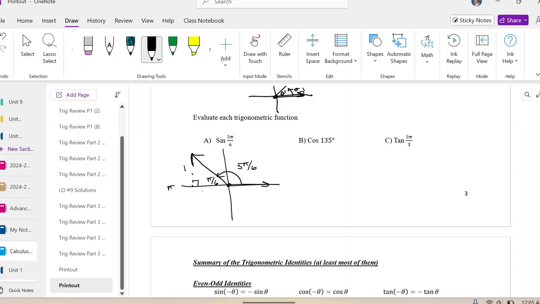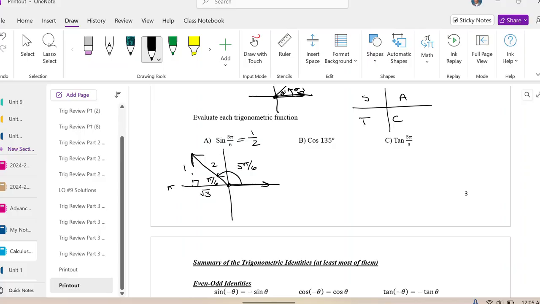So remember the 1, rad 3, 2. So the y is 1, and the r is 2. And since it's in the second quadrant, it's positive. Remember, all students take calculus to remember whether the trig functions are positive or negative.